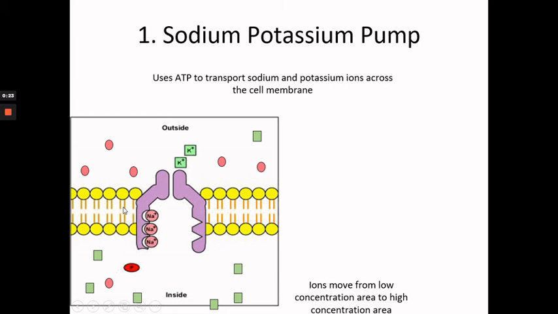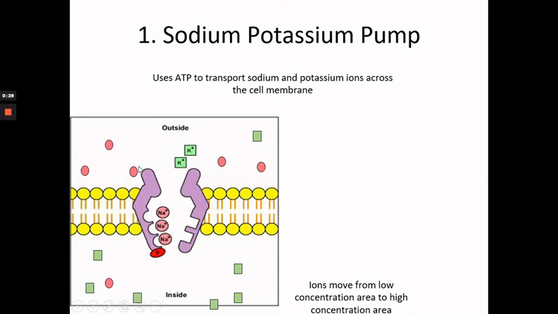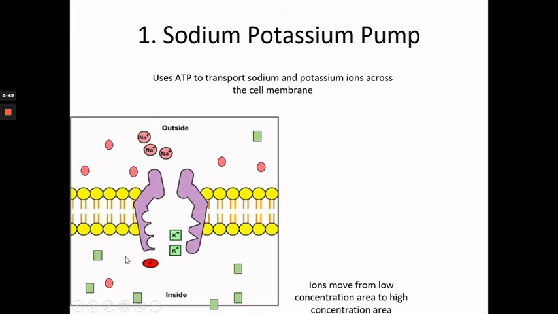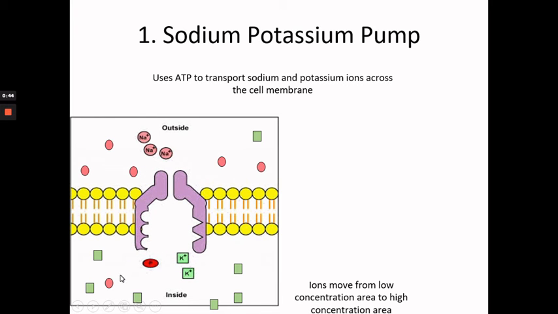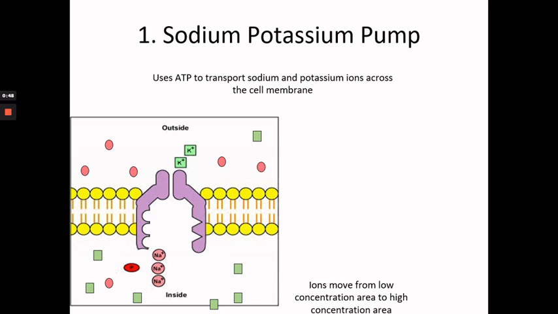If you look outside the cell, you can see we have a high concentration of sodium, the pink round object. Inside we have low concentration. So we're trying to move the sodium from a low concentration to a high concentration, which is the opposite of passive transport. We go against the concentration gradient, so we need energy, and we get the energy from ATP.